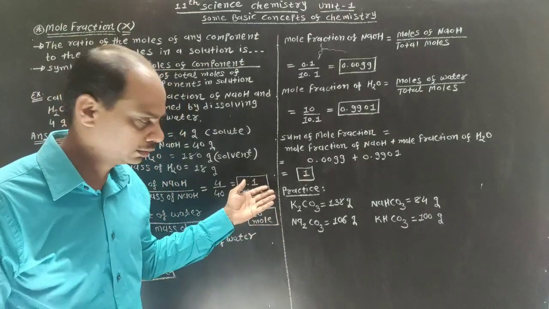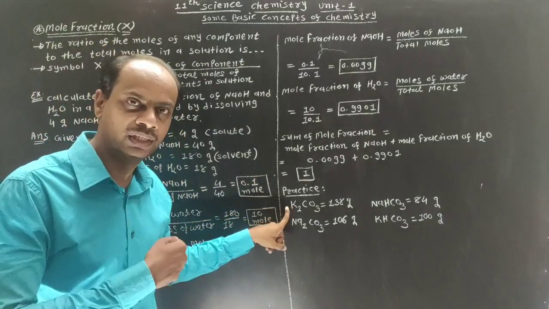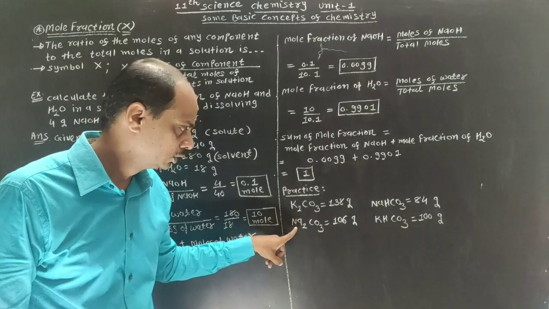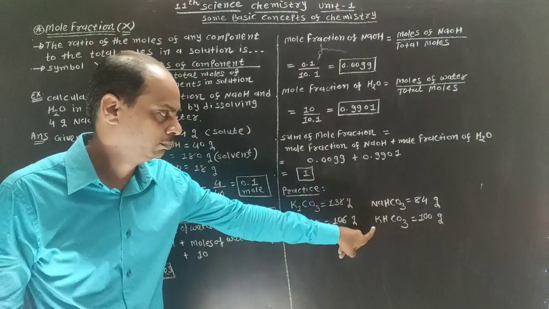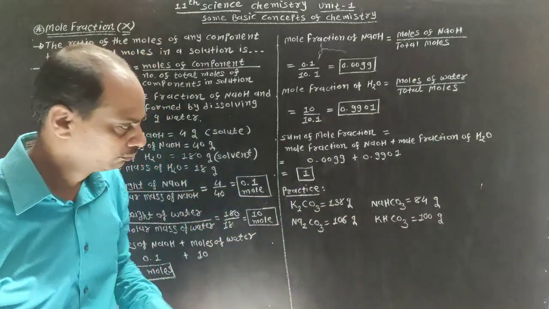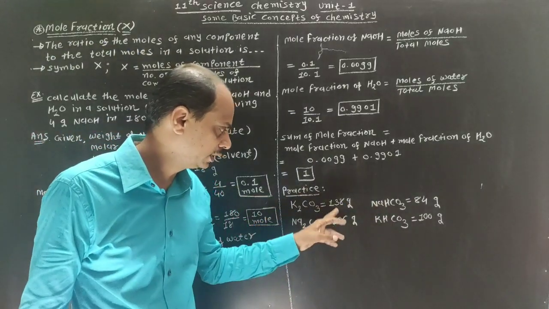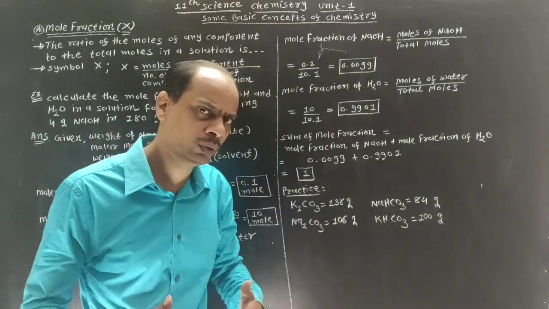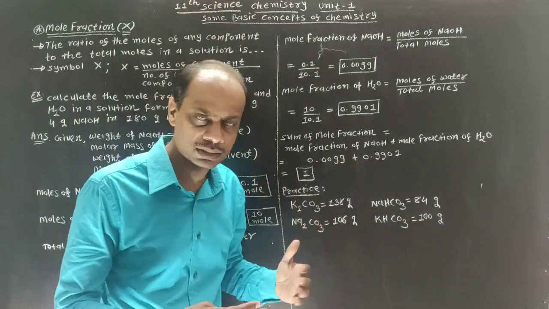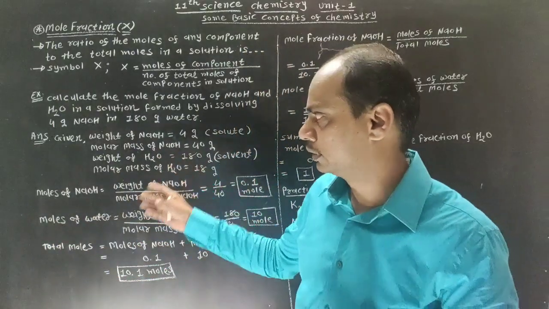Here is a practice work. The names are potassium carbonate, sodium carbonate, sodium bicarbonate, potassium bicarbonate. These are their formulas and here are their formula masses. Where are you going to use these? Yes, frame a question for this one.